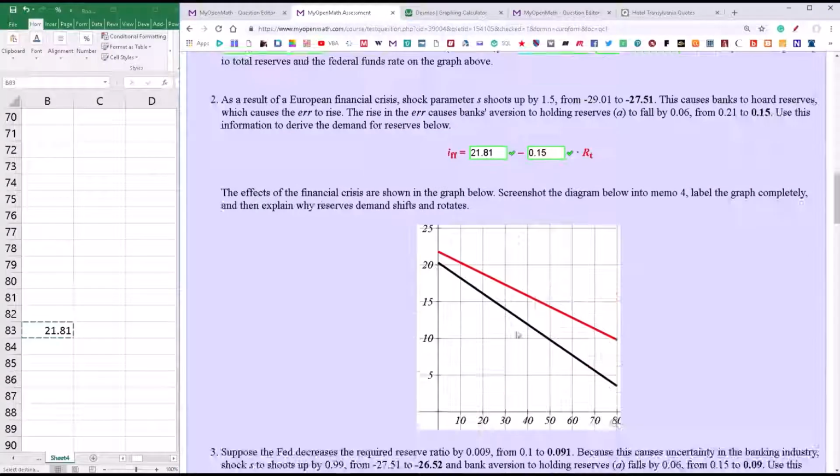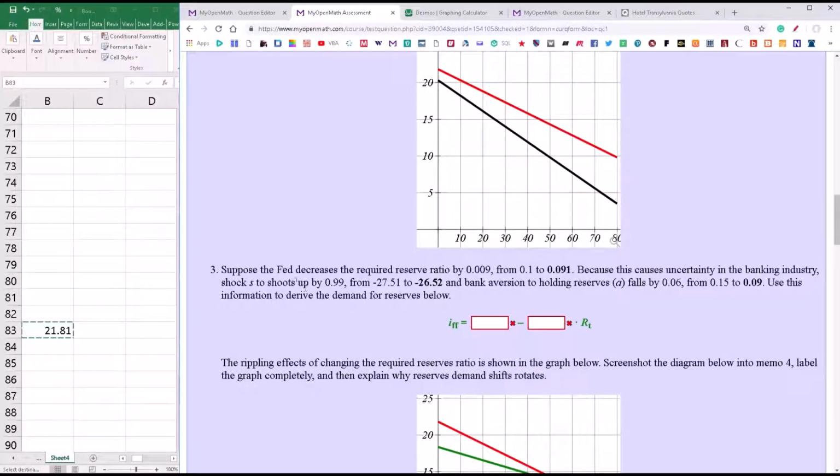Okay, let's move on to the next question. Now suppose the Fed, in addition to what already happened, decreases the required reserve ratio by that amount. So it goes from 10% to 9.1%.